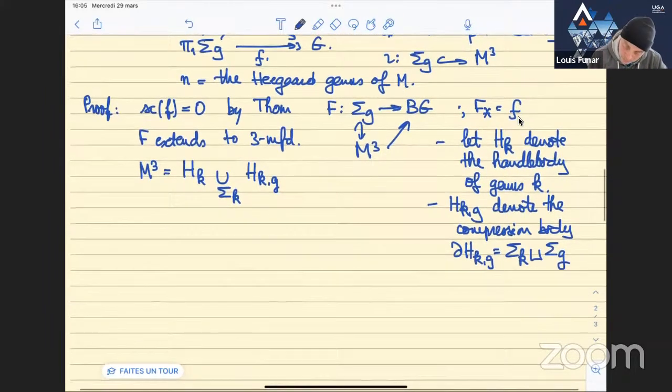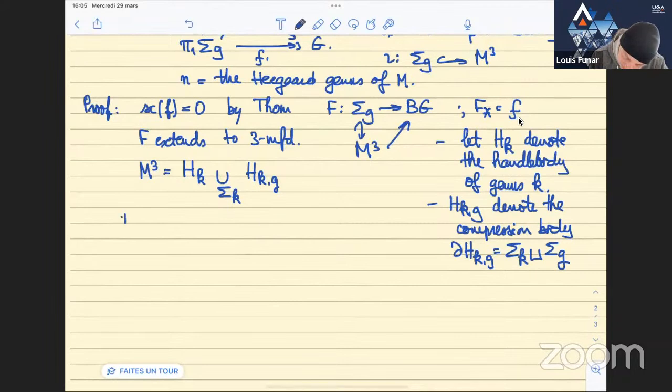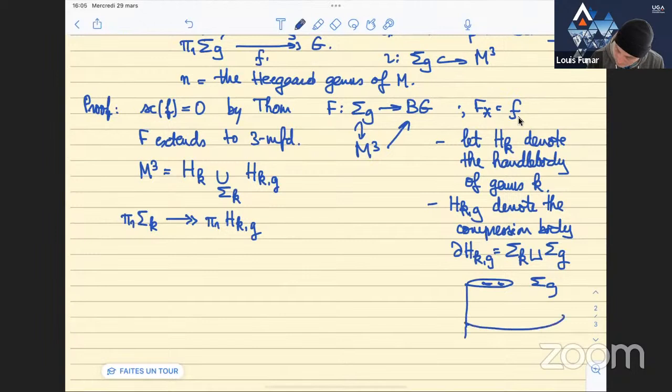And what we observe, somewhat by definition, is that the fundamental group of sigma K will surject onto pi 1 of the compression body, and the pi 1 of the compression body, as I said, let me draw the picture, sigma G, and somewhere here, sigma K. And here is H_KG.